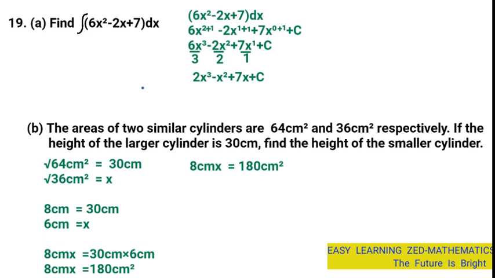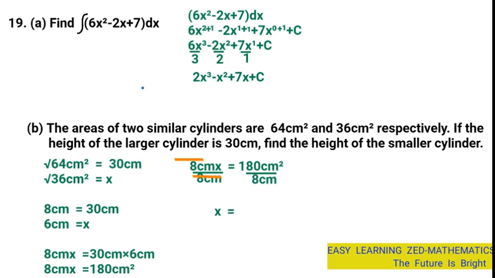So we're going to divide both sides by 8 centimeter. 8 centimeter x divided by 8 centimeter will give us x. Then we're also going to divide this side by 8 centimeter.